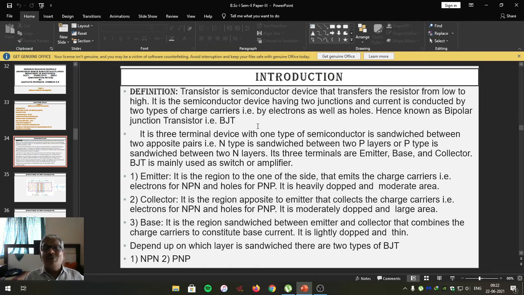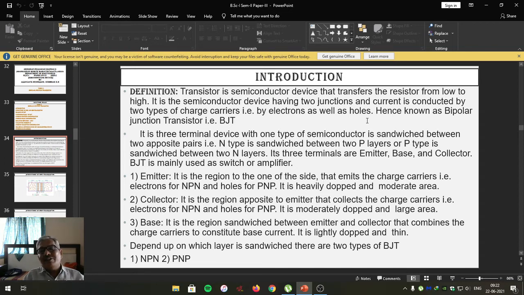As I already told you, the current in BJT is conducted by electrons as well as holes. Electrons have negative charge, holes have positive charge. These negatively charged particles as well as positively charged particles are responsible to carry the current.